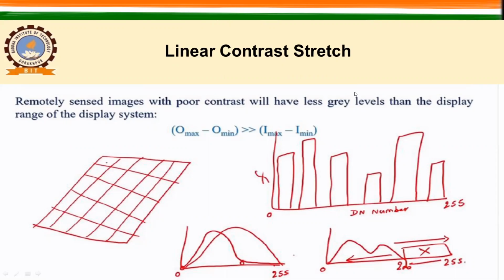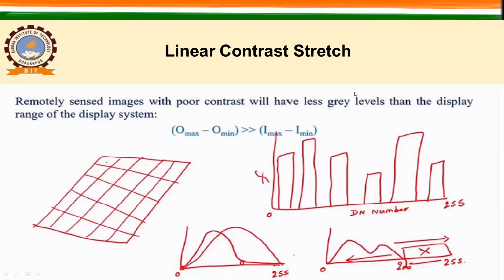But it is not necessary that the image will occupy the full range of the display system or the full range of the radiometric resolution. When you are using 8-bit data, the range becomes 0 to 255.